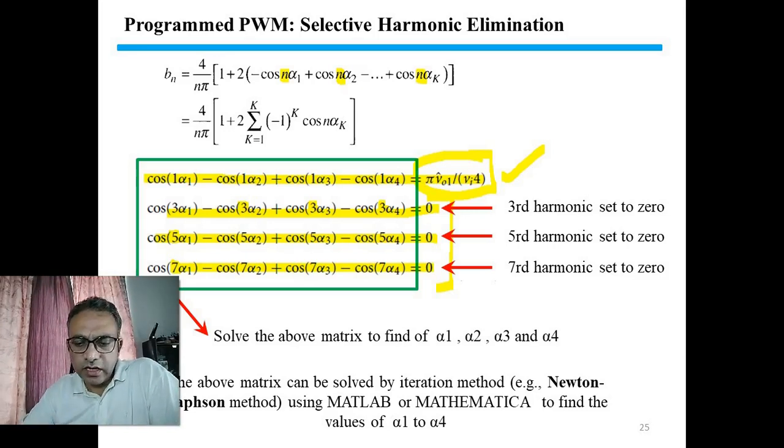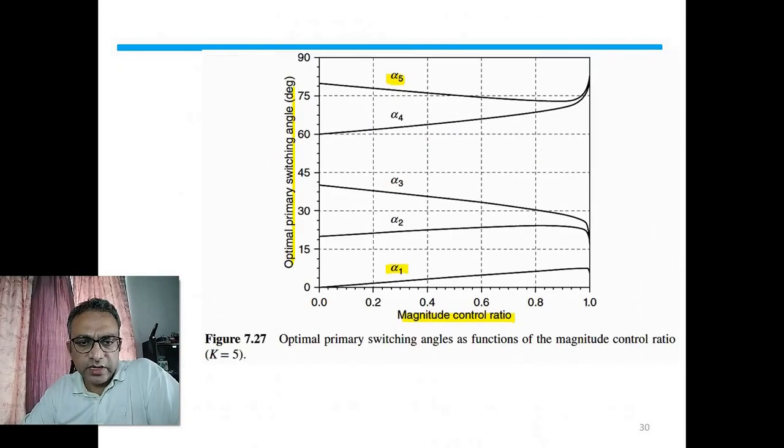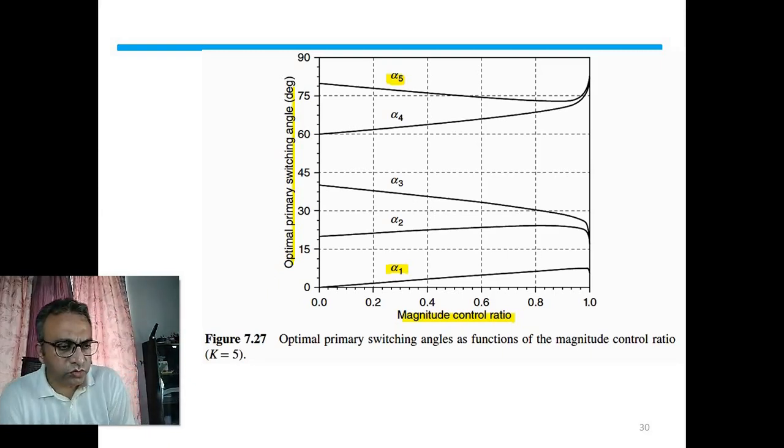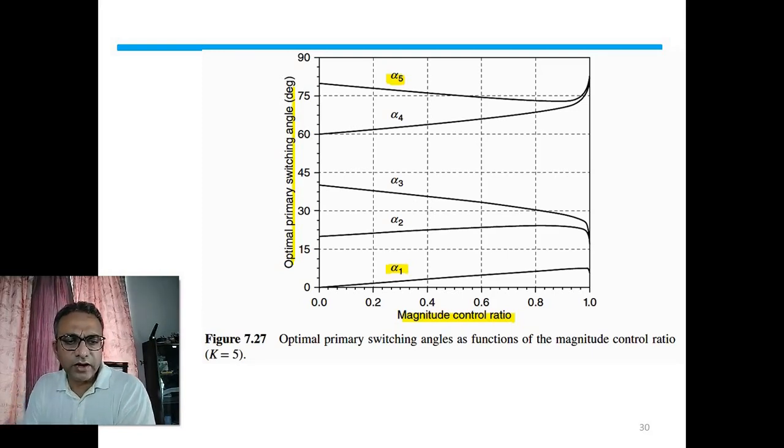And as a result, we get a waveform of alpha 1, alpha 2, alpha 3, alpha 4, alpha 5 for changing the voltage level from 0 to 1, and on the y-axis are the angle values themselves. So this is a very useful technique to be programmed into the microcontroller, and no analog hardware is required.